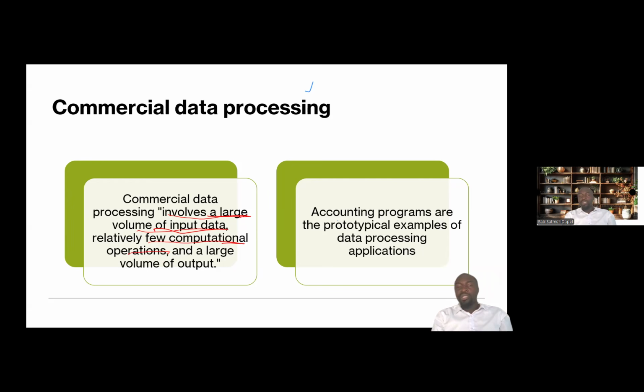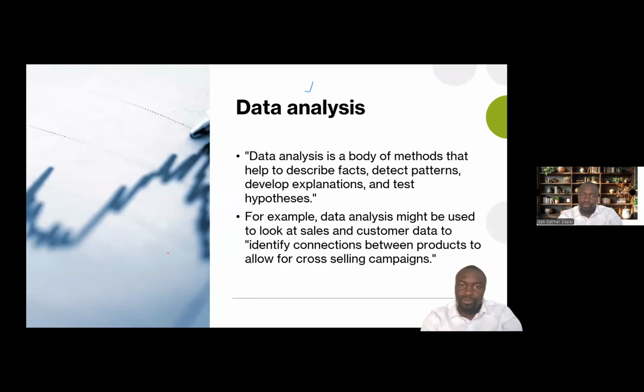You have maybe 3,000 staff and you want to initiate payment. You just do small computation and then everybody gets paid. You understand? So the difference between scientific and commercial data processing is that one involves a great amount of computation on small data. The other does great data, small computation.